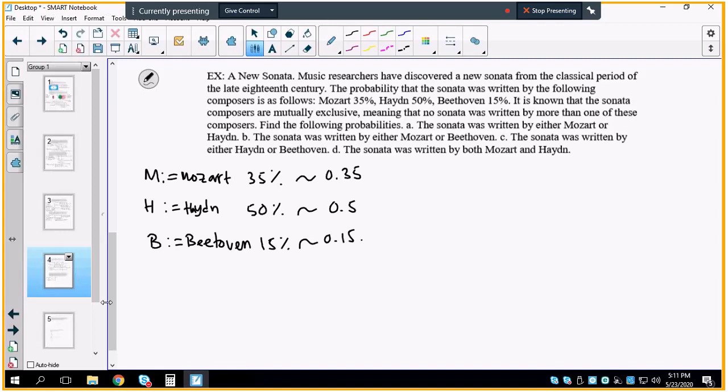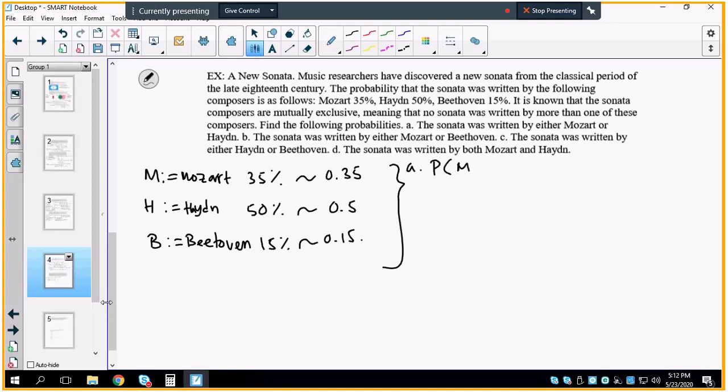It is known that composers are mutually exclusive. That means no sonata is written by more than one composer. What does it tell you? All the intersections are 0. No composition is written by more than one composer means the intersection in the probability are going to be 0 in the addition rule. So first problem is asking you, find the probability that the sonata is either Mozart or Haydn.